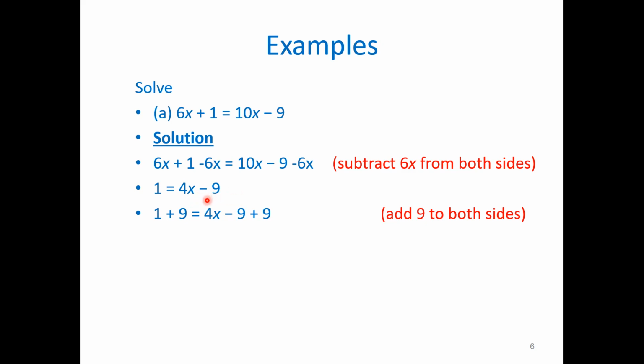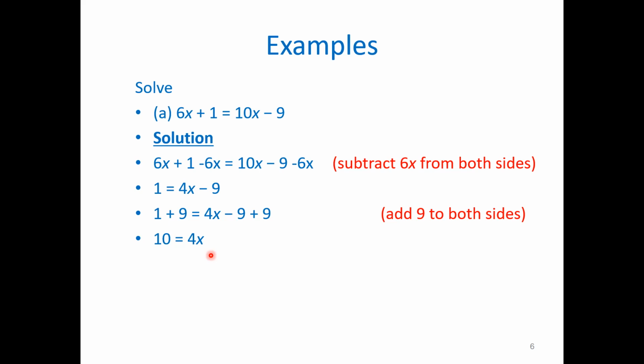But we cannot add 9 to the right side only. We also have to add 9 to the left side of the equation. That's why we add 9 to both sides of the equation. So 1 plus 9, this is the left side of the equation. The right side becomes 4x minus 9 plus 9. And then we will have 10 equals 4x.